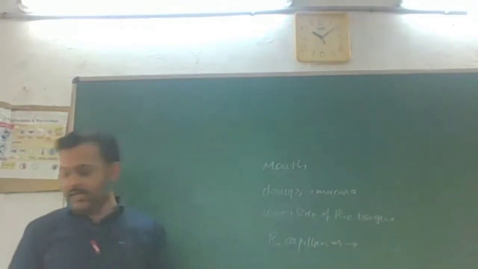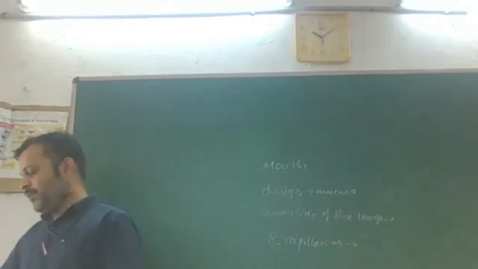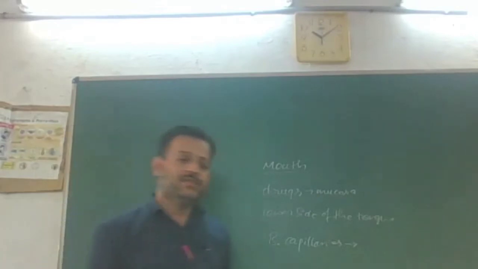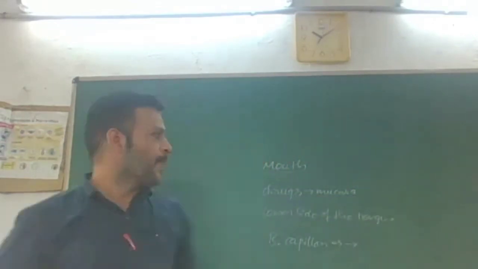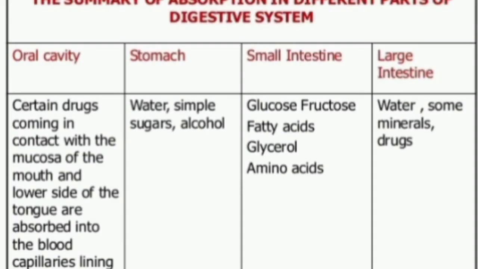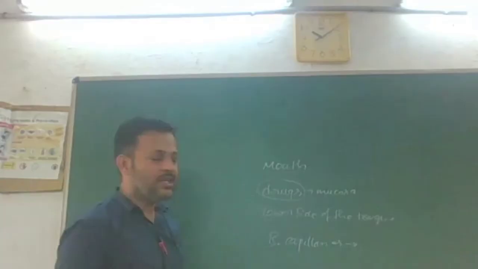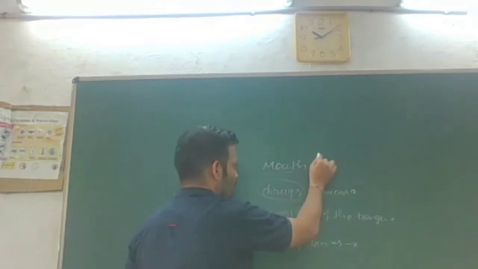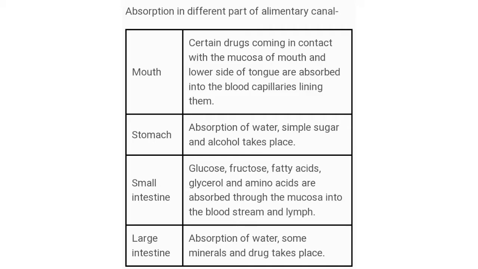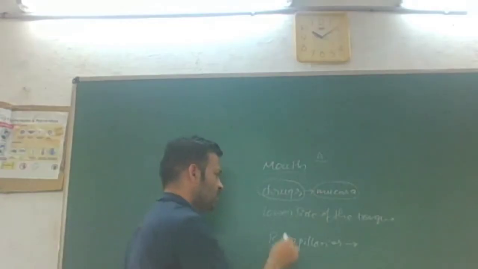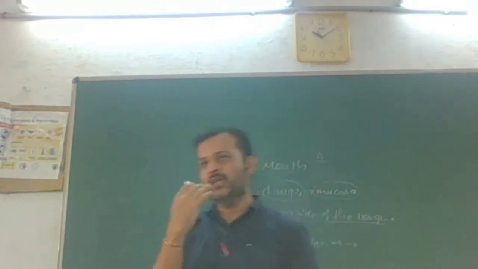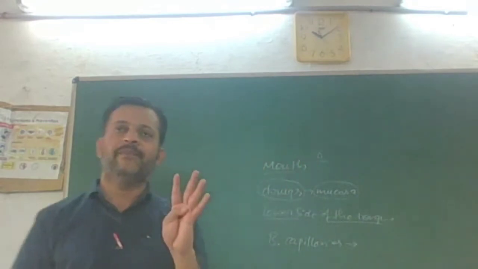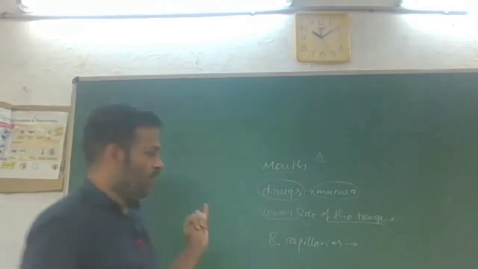Sometimes when you are feeling fever or illness, certain drugs will be given. Most of the drugs and certain carbohydrates like maltose are absorbed in the mouth. Especially in the mouth, there is mucus-lining epithelial tissue, along with the lower side of the tongue. In the lower side of the tongue, most of the drug and maltose is absorbed.